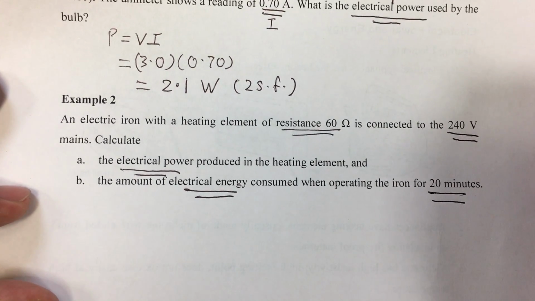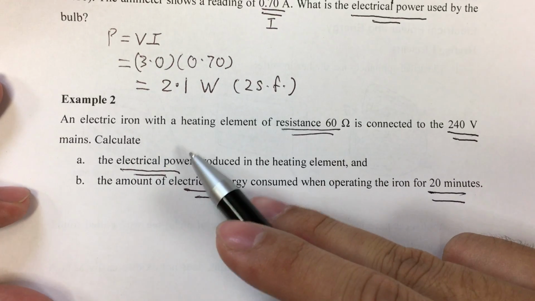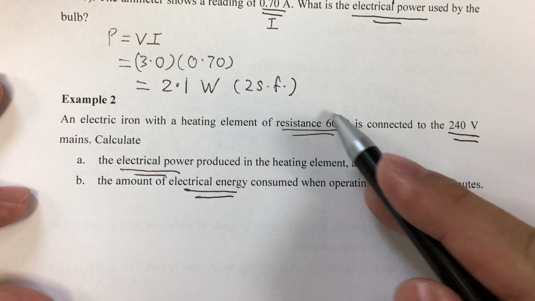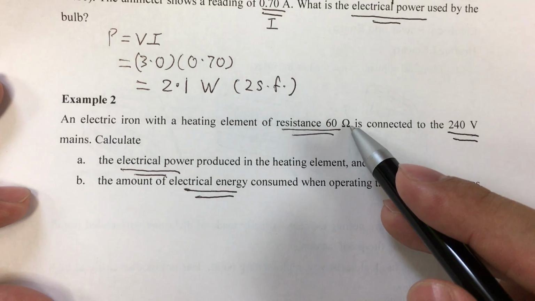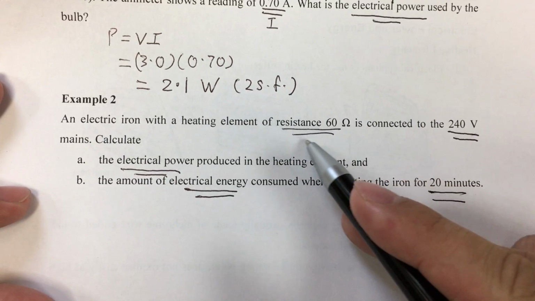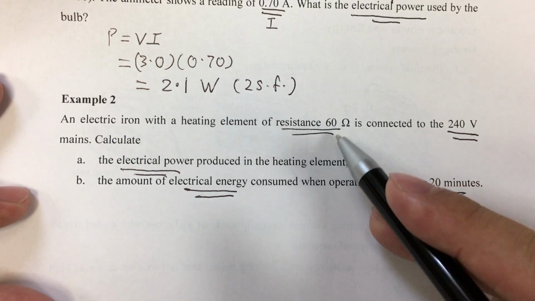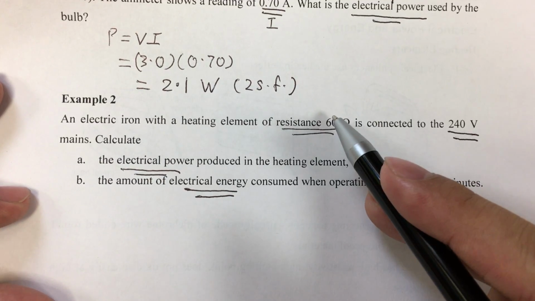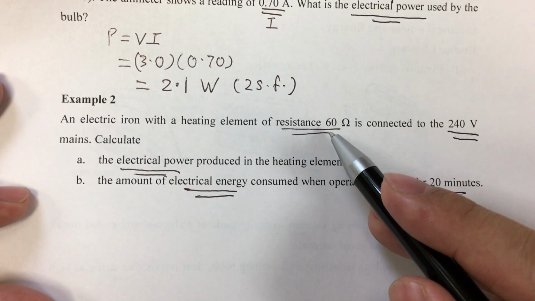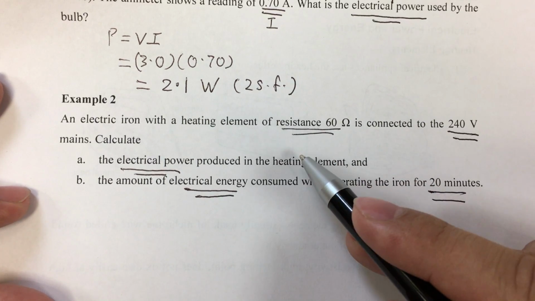But do not worry, use the methods that we have already discussed during our lesson time. So let's go through the question again. An electric iron with a heating element of resistance 60 ohms. What do we usually use as a symbol for resistance?